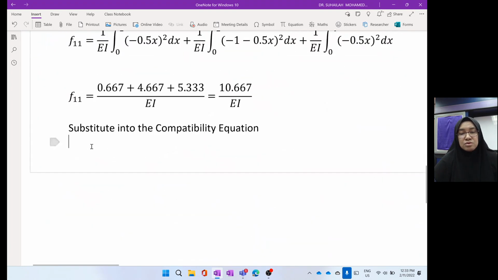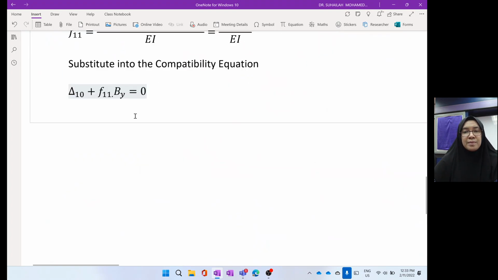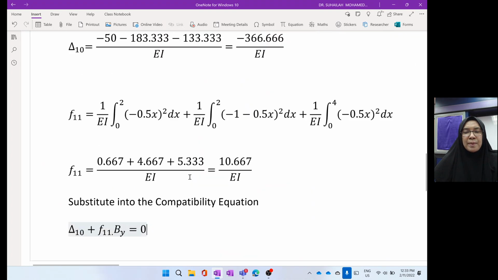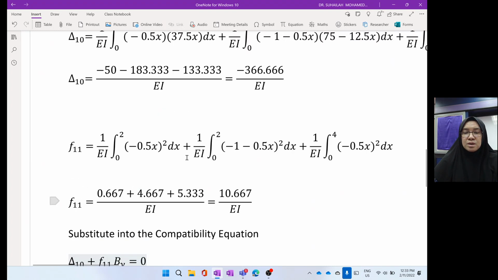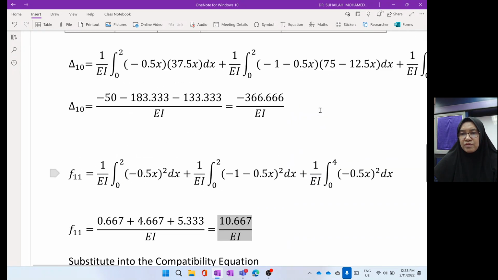So do as usual. Always remain EI, because the value that we get for displacement, when we divide by EI, then only we get 0.00 something. Even though EI will be cancelled when we want to calculate the redundant, don't cancel too early. Remain the compatibility equation in terms of EI.